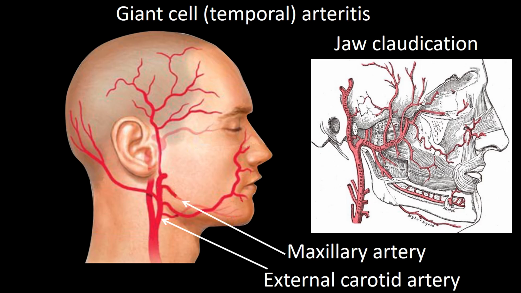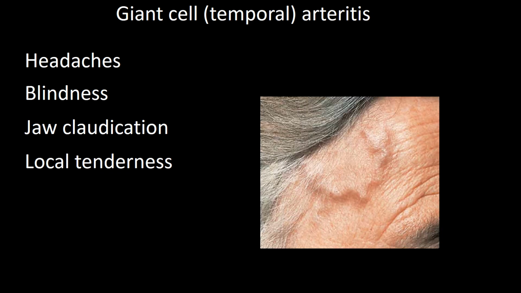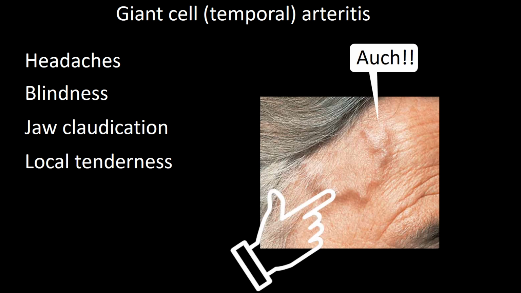Limited arterial flow in the maxillary artery causes jaw claudication. In addition to jaw claudication, local tenderness, as we initially mentioned, over the protruding artery is often present. This area is exquisitely sensitive to touch.